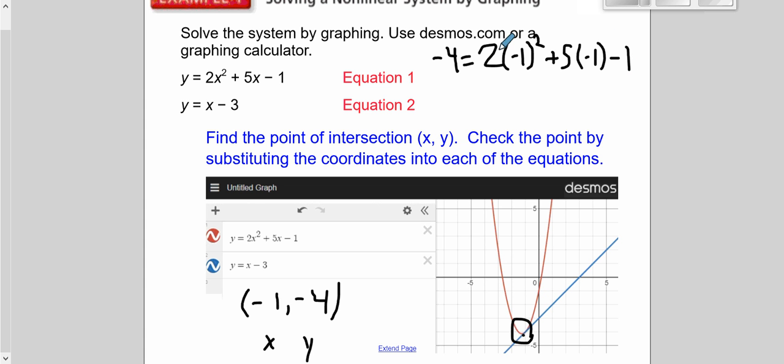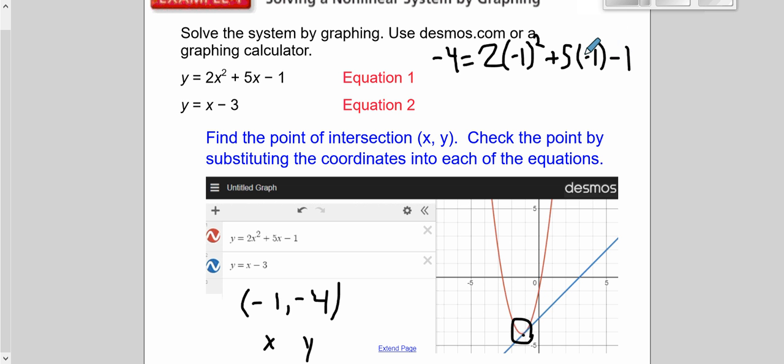So I'm going to type this side into my calculator and hit enter and hope it comes up -4. If you're using a graphing calculator like a TI-83 or 84, be careful because a minus and a negative are different buttons.